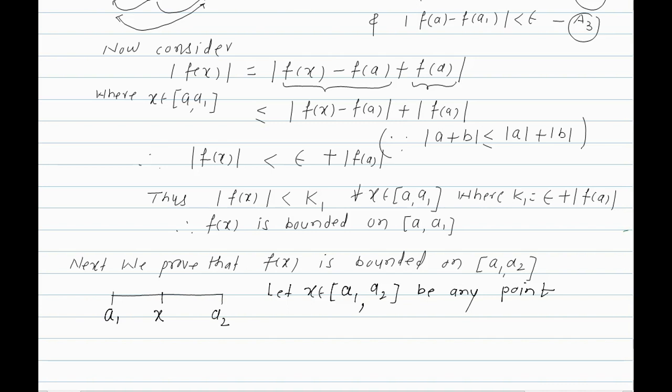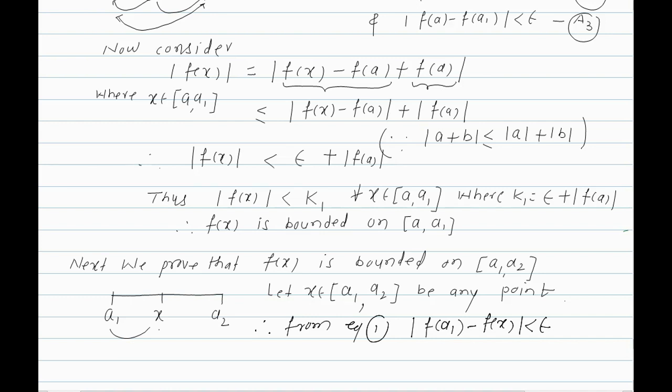Now again we use equation 1. Equation 1 says that on any subinterval the difference between values of the function at any 2 points is less than epsilon. That is, if you consider these 2 points a1 and x, then from equation 1, mod of f of a1 minus f of x is less than epsilon.